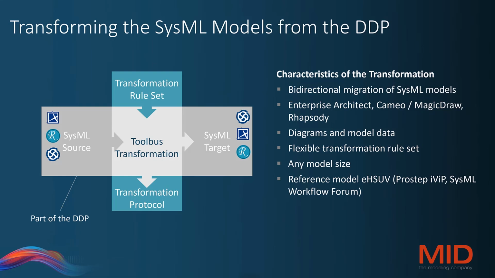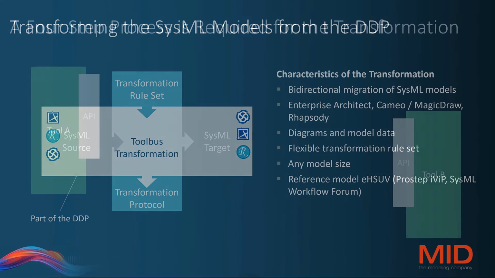The transformation is based on a flexible rule set, so you can change the rule set that actually determines the transformation. We don't have any restriction in model size, and currently we are working with a reference model, the extended SUV model from ProStep EVIP and the SysML workflow forum.